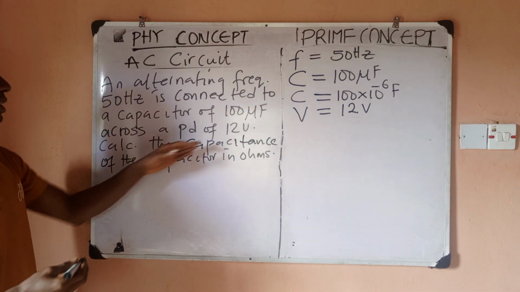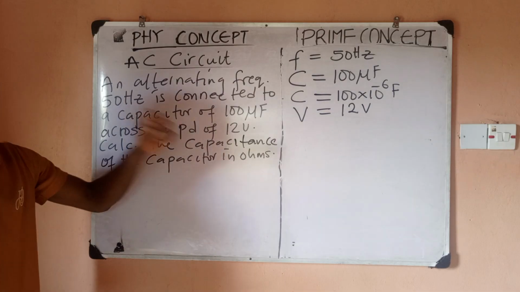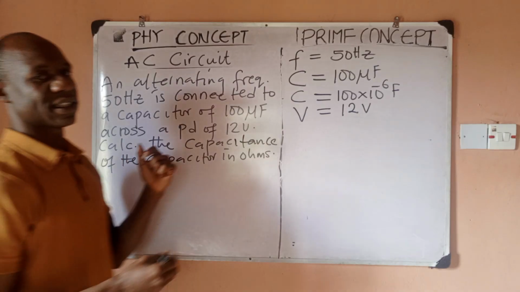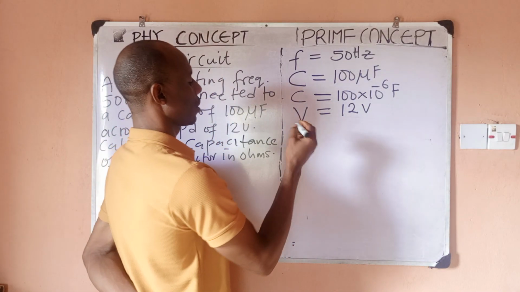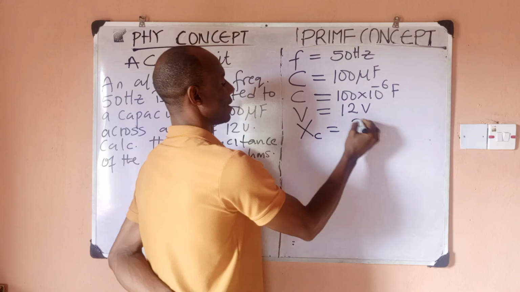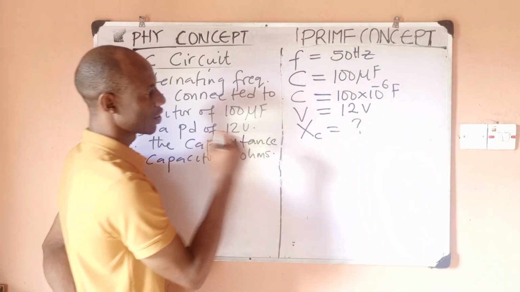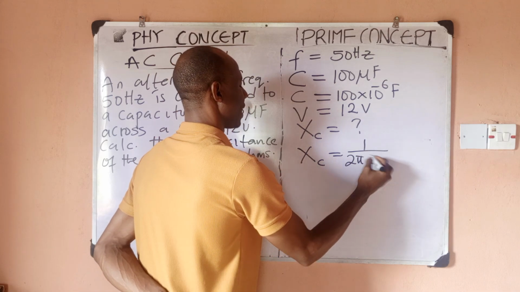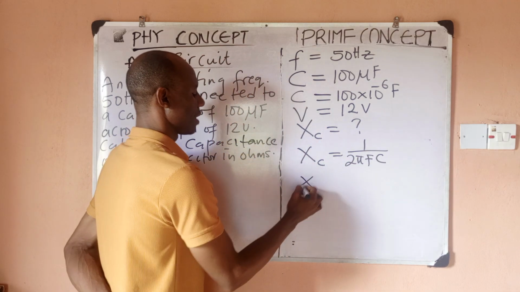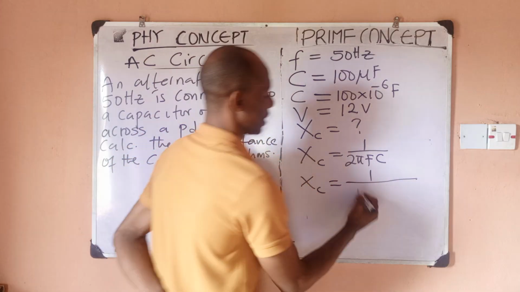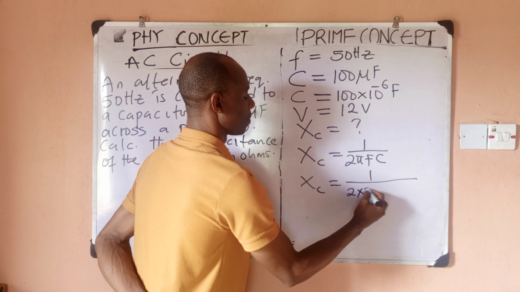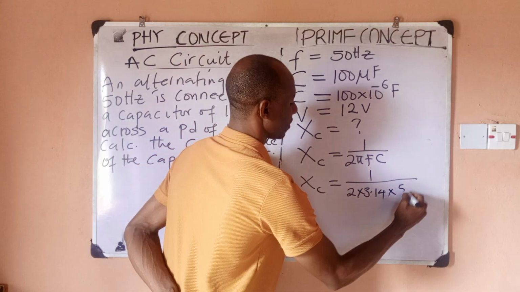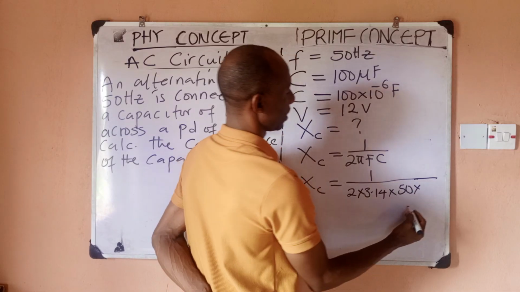Now calculate the capacitance of the capacitor in ohms. So what they are just telling us is to calculate the capacitive reactance, because that is the capacitance of the capacitor measured in ohms. So they want us to find XC. We know that the relationship for XC is XC equals 1 over 2 pi f C. So we have that XC is going to be 1 divided by 2 pi, let me use pi as 3.14, times my frequency, which is 50 Hertz, times my C. My C, now let me write this.